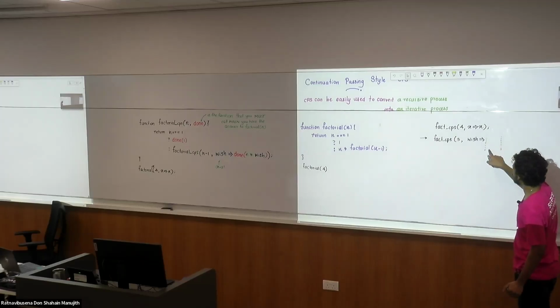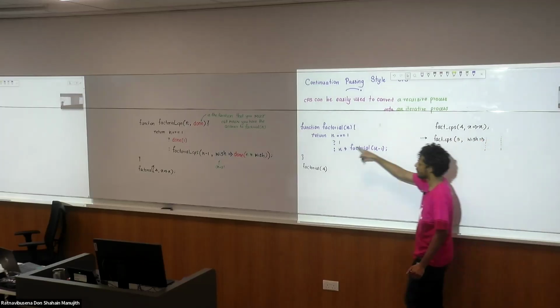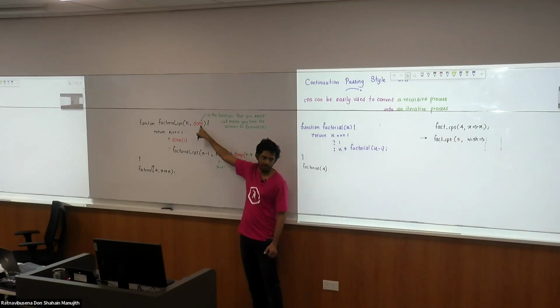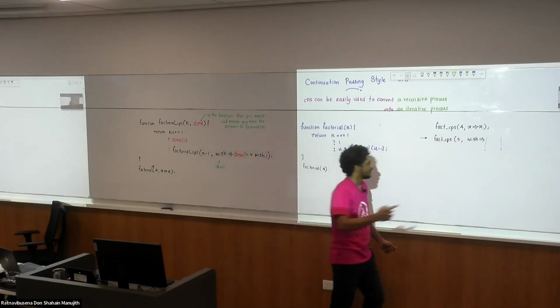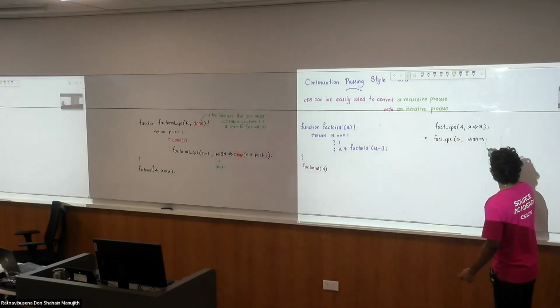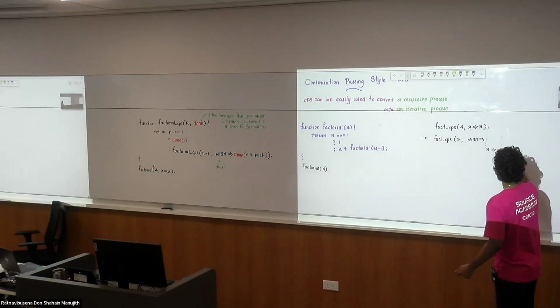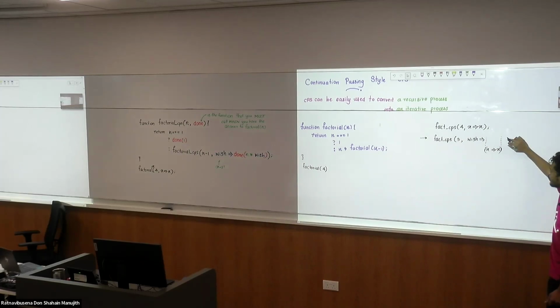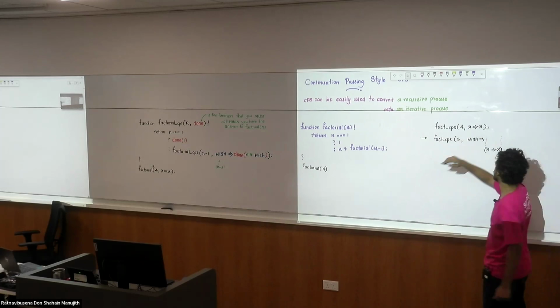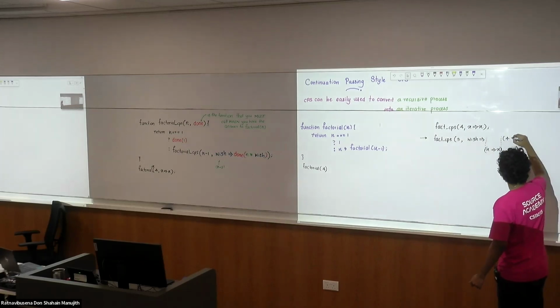This done function would be x going to x, since we call it with x going to x. I'm going to put it here, x going to x. What are we going to call it with? We're going to call it with 4 times wish. Is that okay?